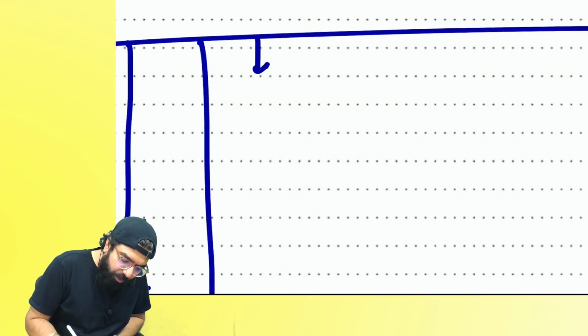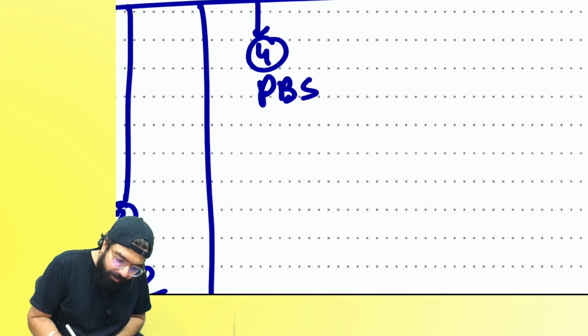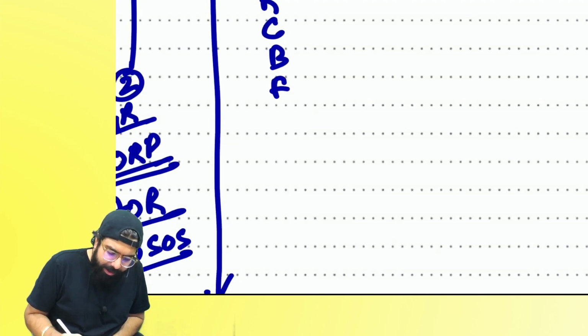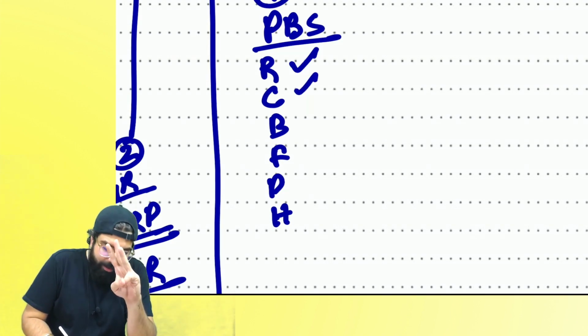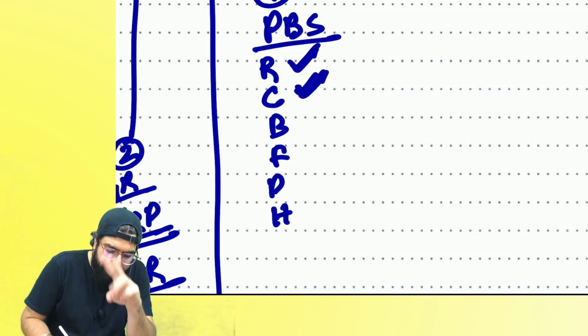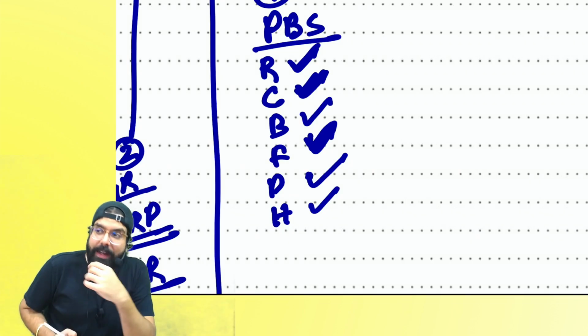Section 12.4 told about performance based services, which is RCB. R for restaurant service, C for catering services, cosmetic and plastic surgery, beauty treatment, fitness service, then personal grooming and health services.